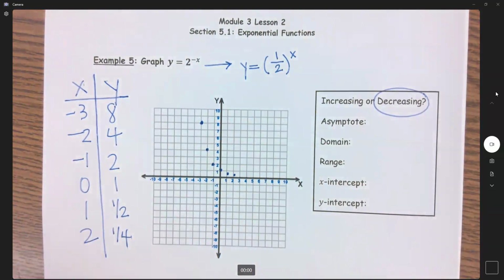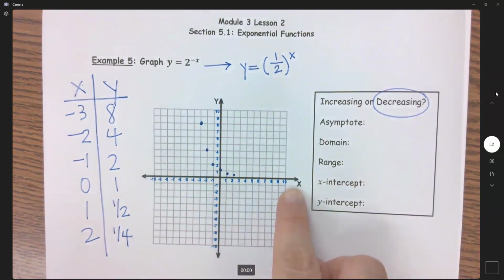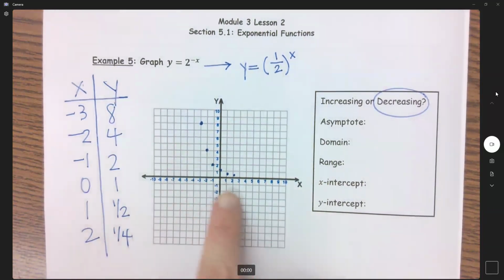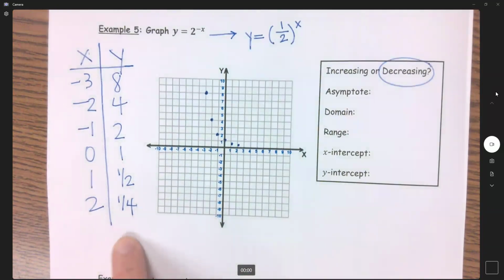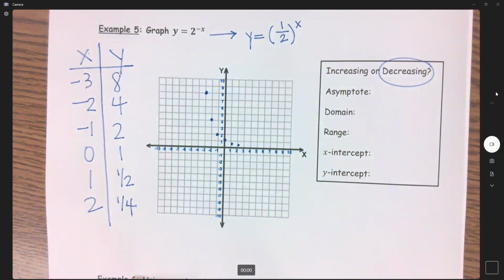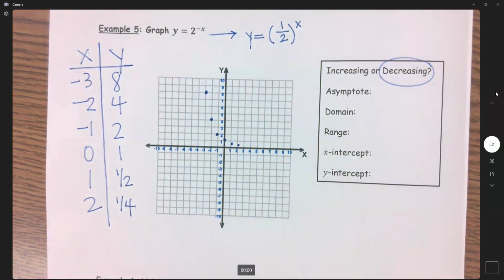And as you can see, as our x's are getting bigger, my y values here are getting smaller and smaller. If we keep cutting these in half, that's going to be 1/8, 1/16, 1/32, then 1/64.